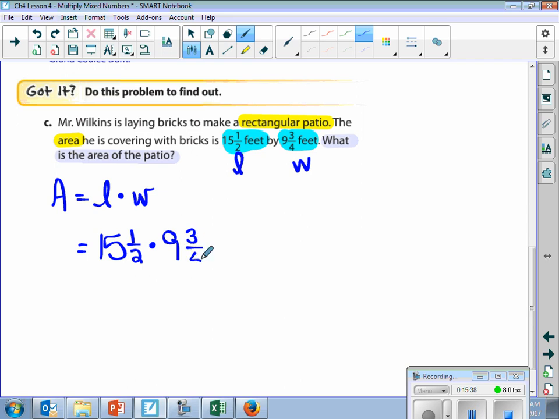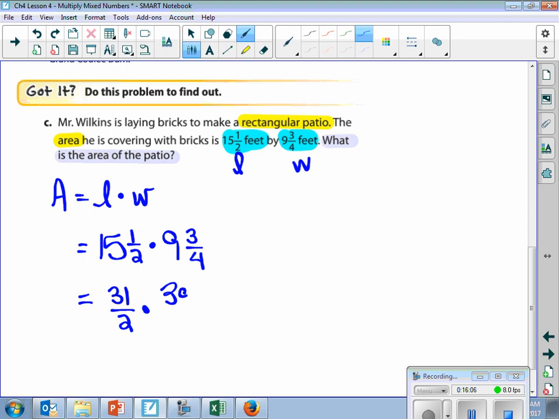And now what do I have to do to those mixed numbers? Change them to improper fractions. Very good. So we have 15 times 2 is 30, plus 1 is 31. So this is going to be 31 halves, right? Times 9 times 4 is 36, plus 3 is 39.